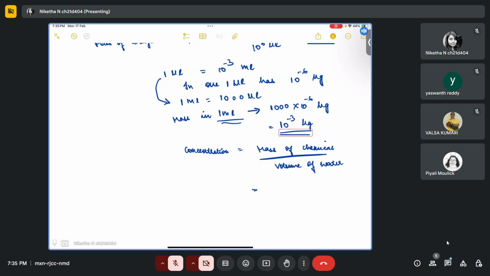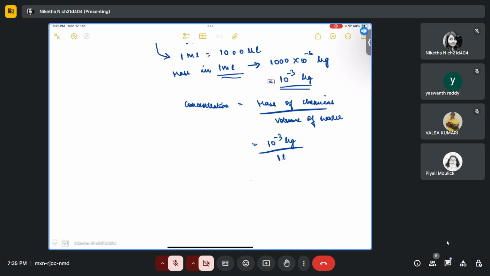We know that the mass of chemical is 10 power minus 3 microgram and the volume of water is 1 liter. So this is going to be 10 power minus 3 microgram per liter.